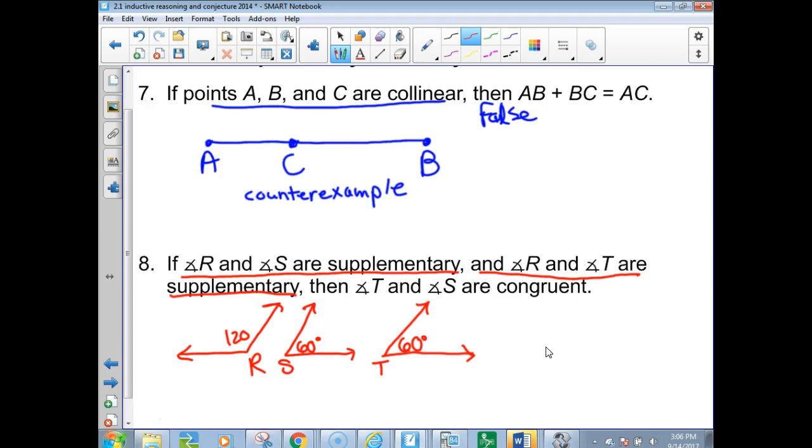Okay. So now the then part says, then angle T and angle S are congruent. When we wrote down what it said in the beginning and made sure that this is true, does the last part have to be true? Does angle T and S have to be congruent? And the answer is yes, they do. So this statement was true.